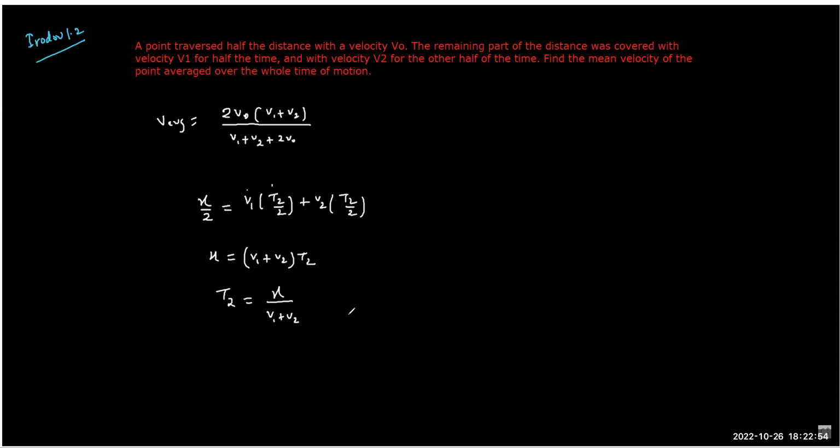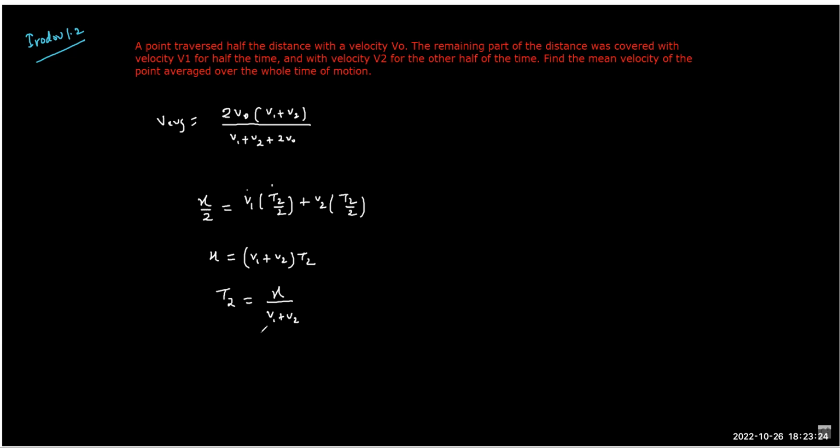But the way you got T2, I don't know. Then you just wrote X by 2V0 plus X by V1 plus V2. Again, that is not making sense. The reason is the time is T1 plus T2, but you have added T1 and 2T2, right? You need to recheck.